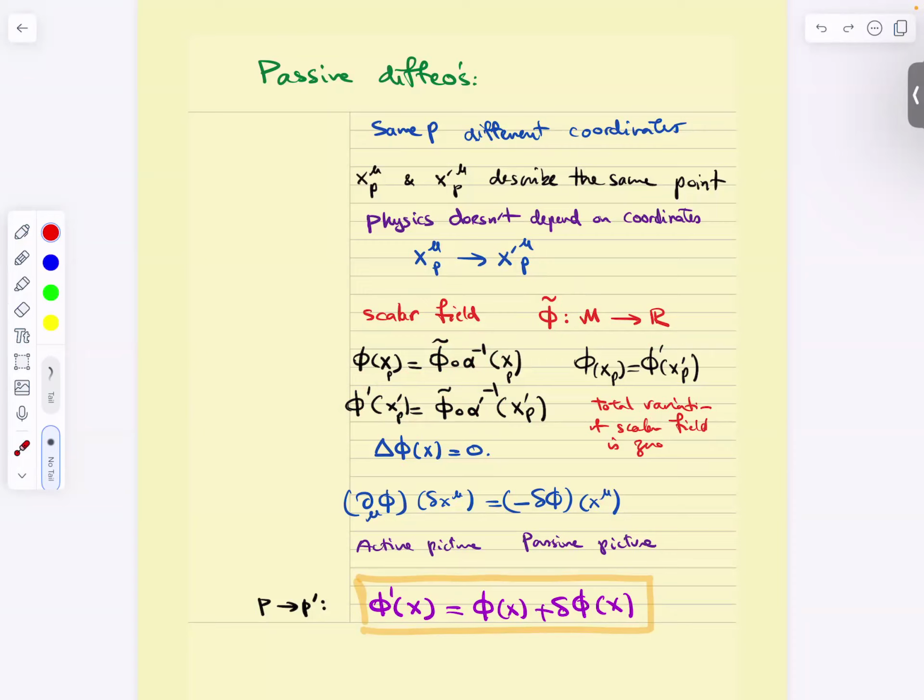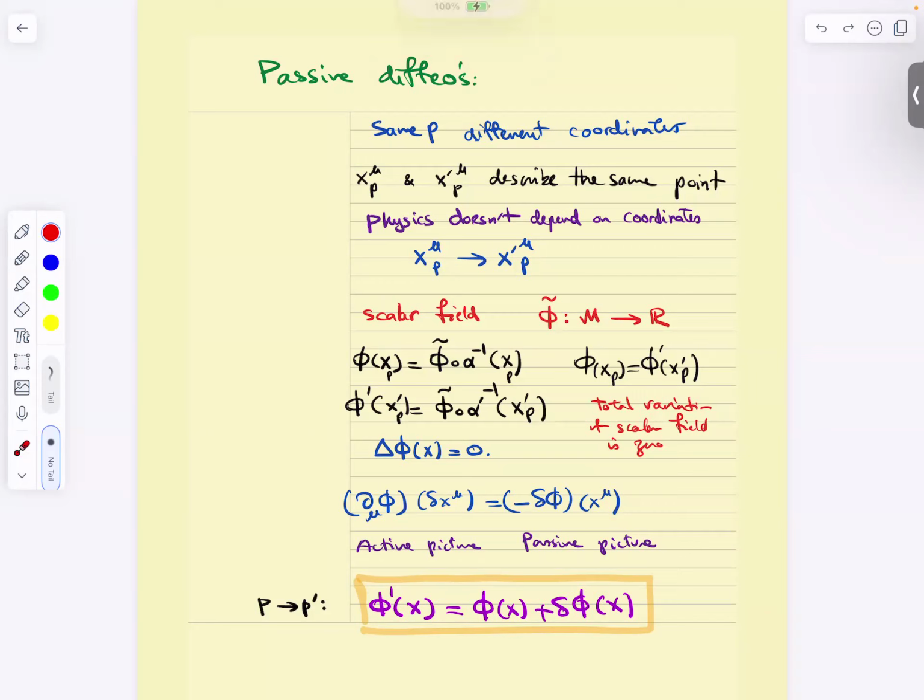Good. Something important happens. Do you see what is happening? Yeah, that's one example of a coordinate transformation, a change of coordinates. But I have to make sure that the physics does not depend on coordinates.